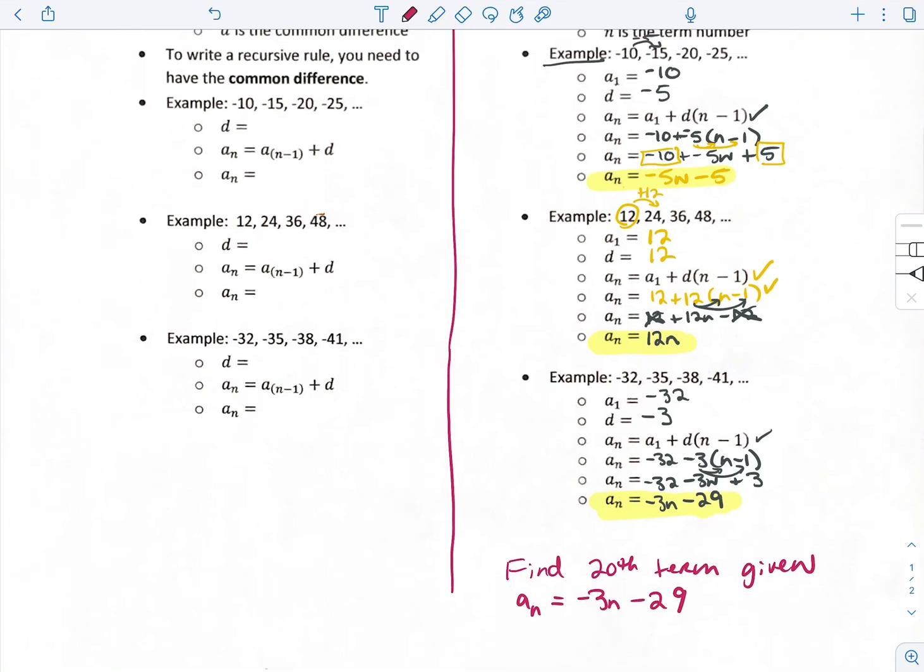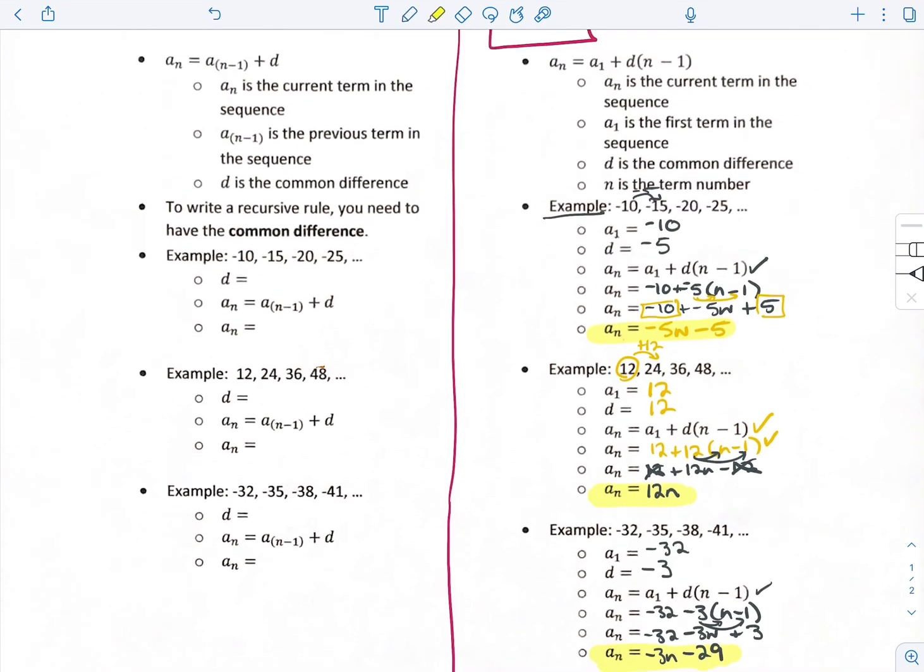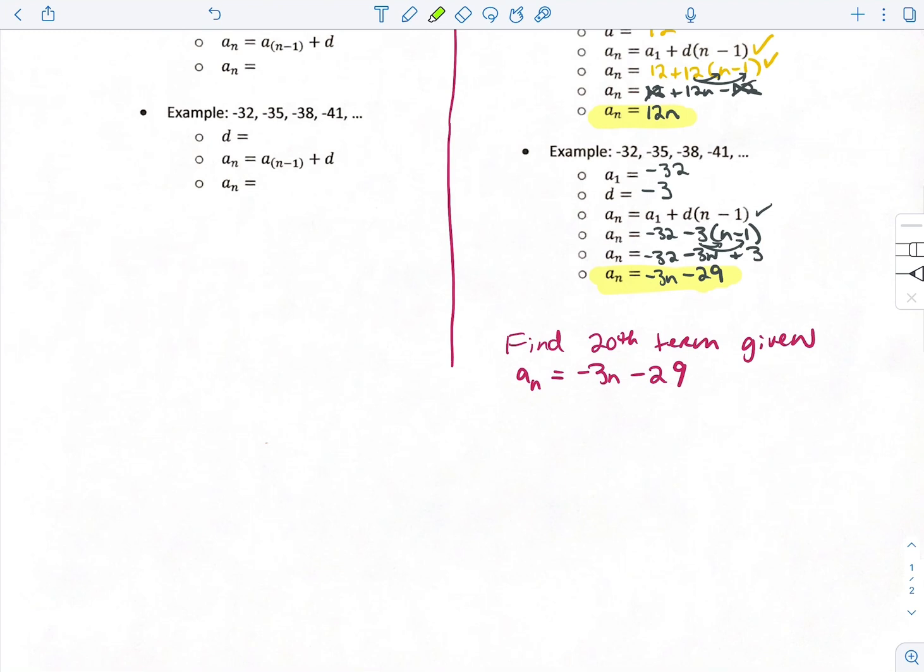Now, all n means, and it's right here, n is the term number. So n stands for number. What number are we given here? It says find the 20th term. So that's letting us know our n is 20.